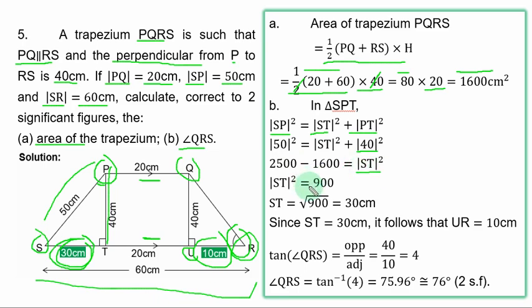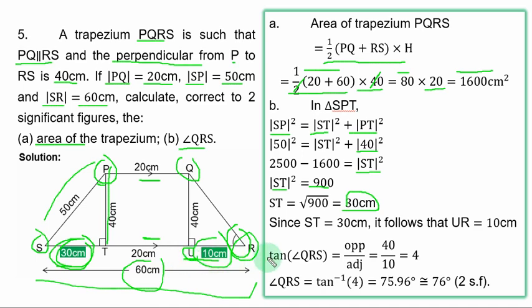If you subtract, you have 900. To get ST, you take the root of both sides, so ST is 30. So this is how we got 30 here. Now ST is 30, TU is 20, that is 50. For us to get 60 here, UR must be 10.